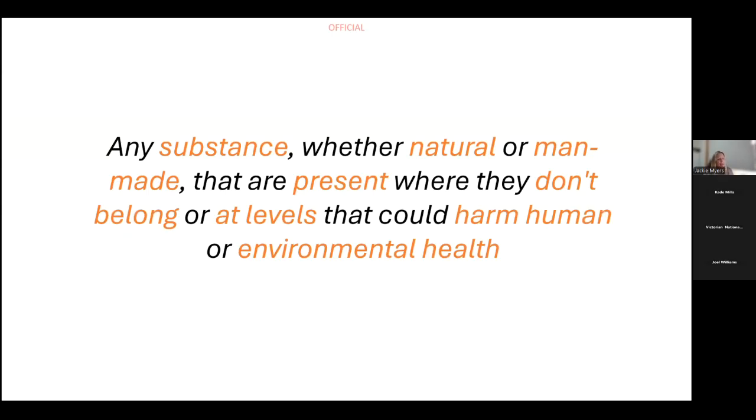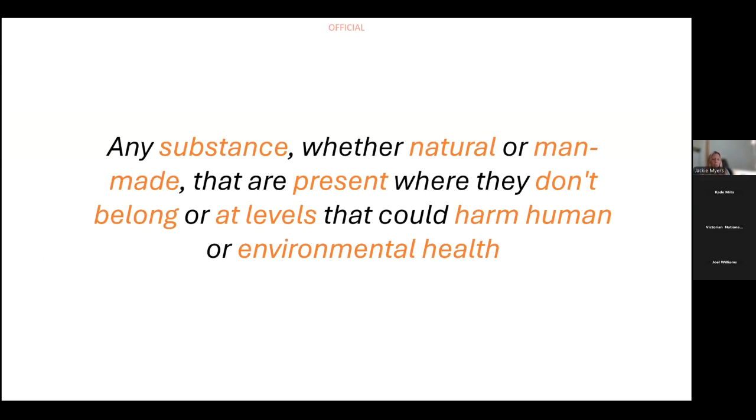So tonight, I'd like to begin by introducing you to the concept of contaminants. These are substances that are either man-made or naturally occurring that become contaminants when they end up in places they shouldn't be, such as our waterways, or when they are present at levels that could pose a risk to human or environmental health.